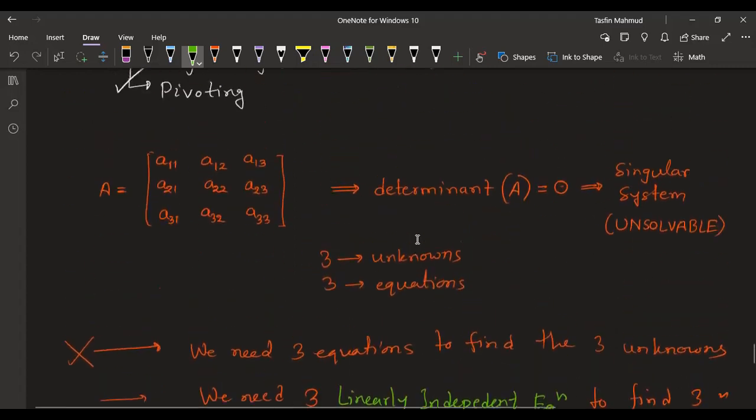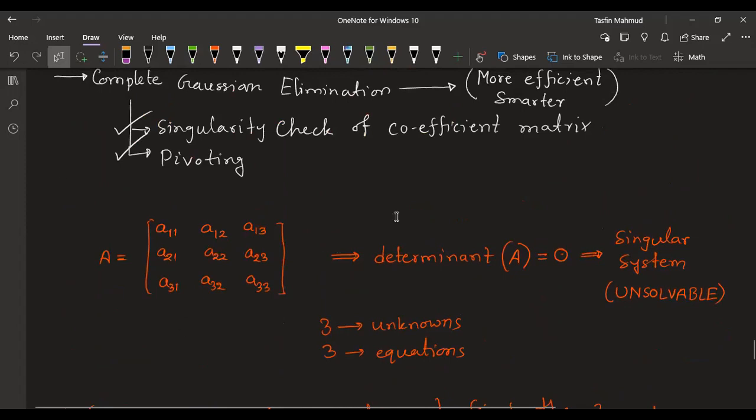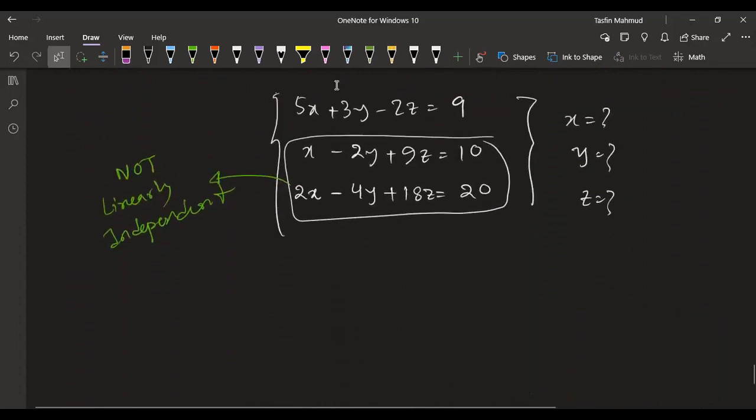That's the thing we can check using this singularity check. Whenever you calculate the determinant of the coefficient matrix and you get 0, we call the matrix a singular matrix, and it is unsolvable. This type of situation arises.